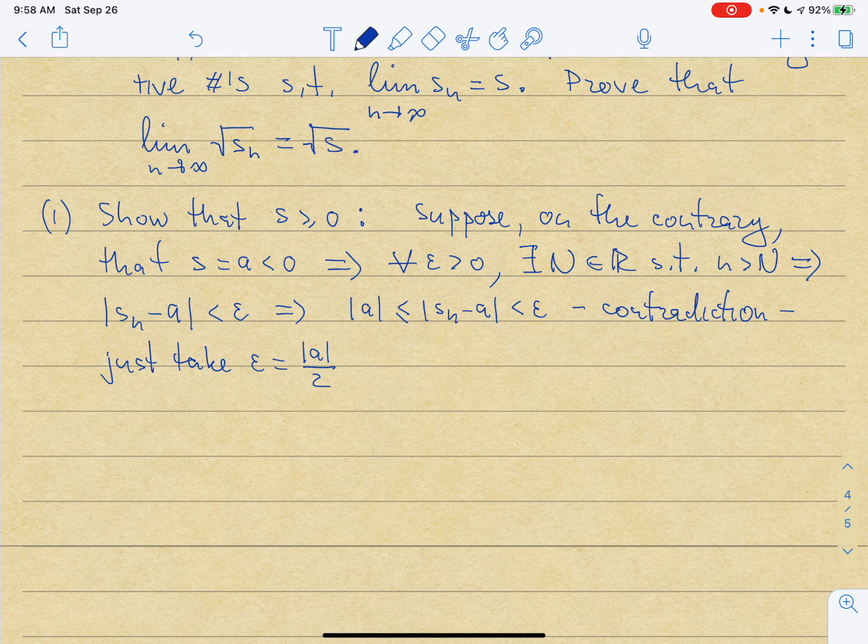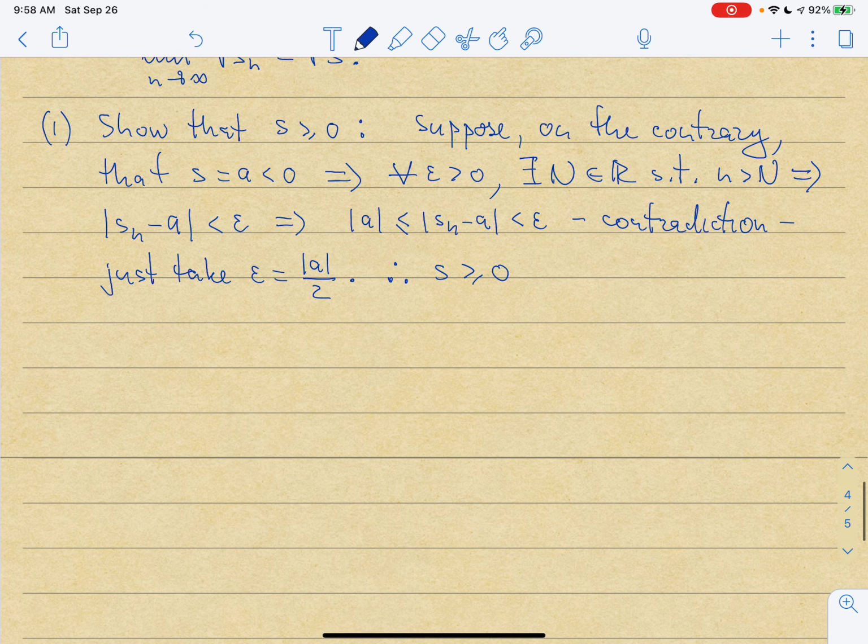Because in that case, the absolute value of A is going to be less than the absolute value of A over 2, and that's impossible. So the conclusion is that S must be greater than or equal to 0. Okay? So again, what I used here is the fact that I can drop Sn from this inequality, and the absolute value of Sn minus A is always going to be bigger than the absolute value of A, because Sn is positive and A is negative. Okay, so S is greater than or equal to 0.